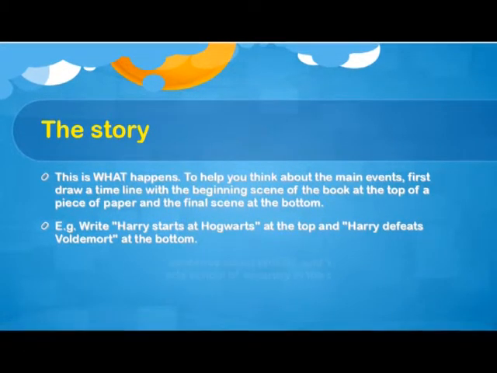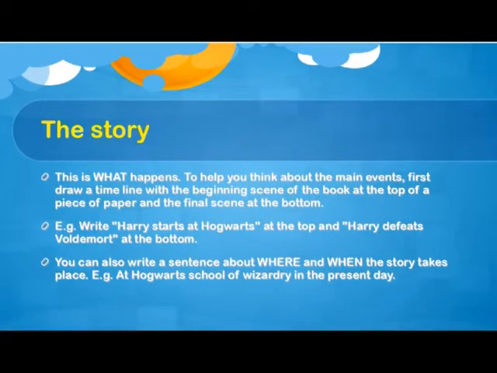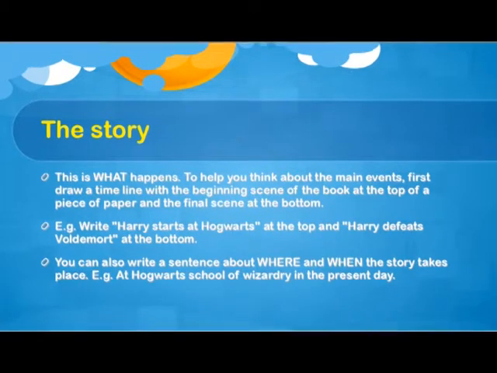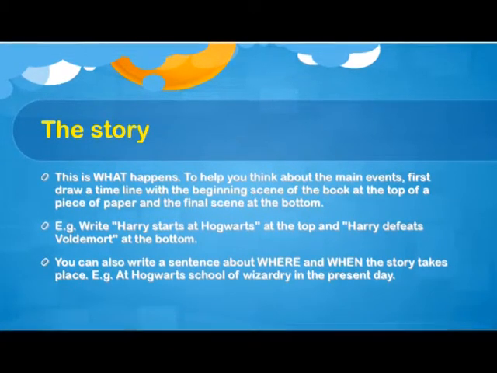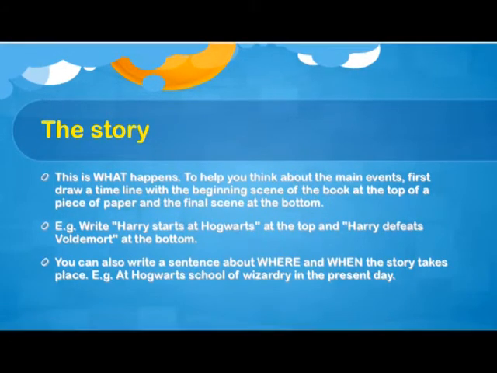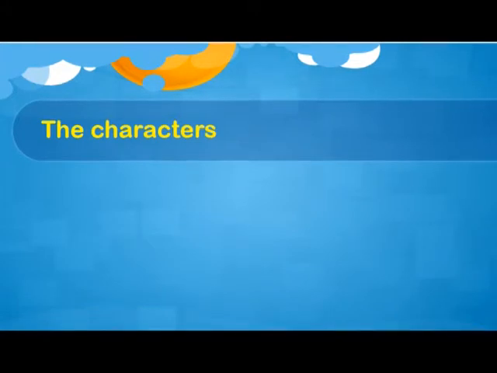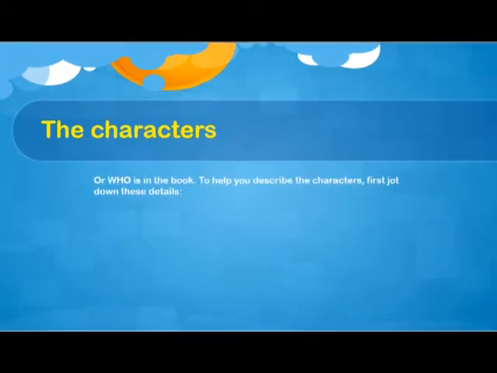For example, write Harry starts at Hogwarts at the top and Harry defeats Voldemort at the bottom. You can also write a sentence about where and when the story takes place. For example, at Hogwarts School of Wizardry in the present day.